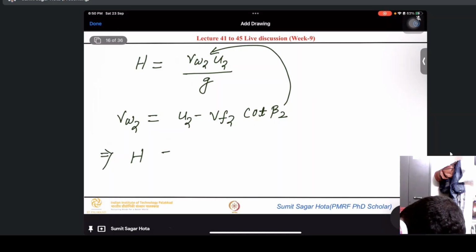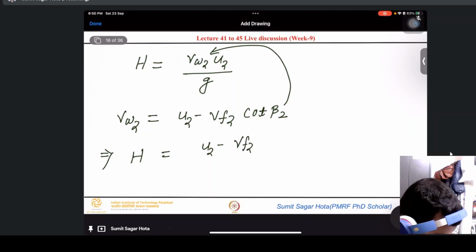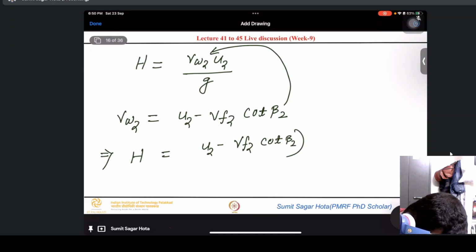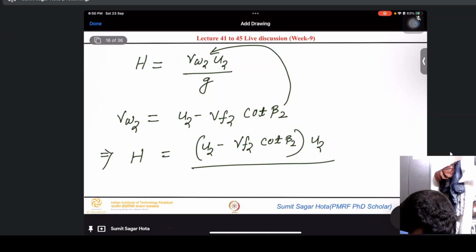What is your H? H is equal to (U2 minus Vf2 cot beta 2) U2 divided by g.